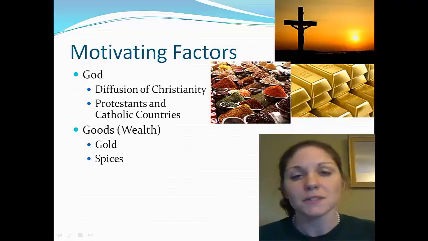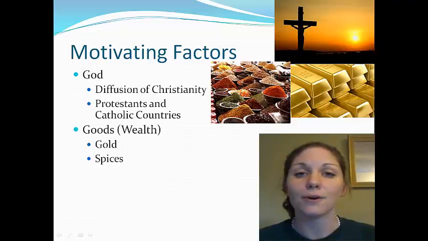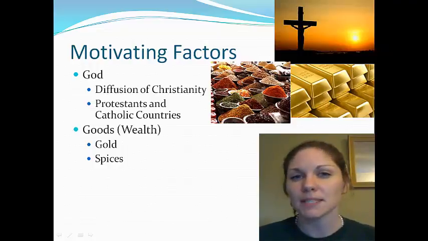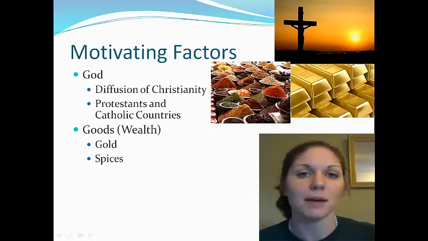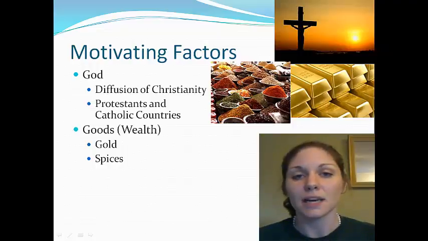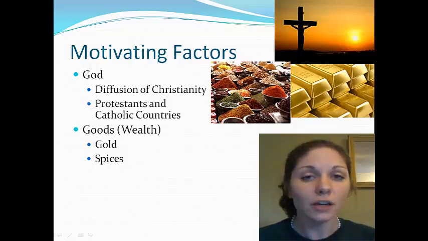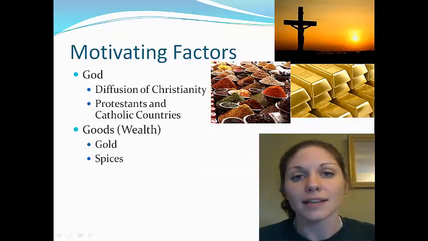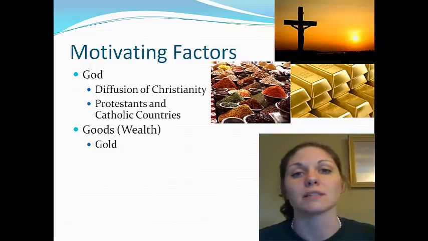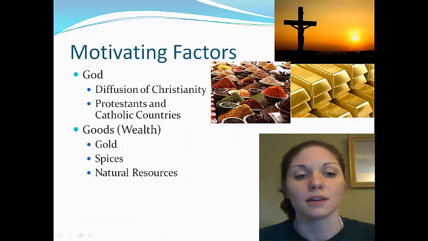So we've talked about spices before too, especially coming from the East, and how profitable and how expensive and how desirable those spices were. So these European countries were looking for their own way of obtaining these spices and kind of controlling that spice trade. And if they could, finding lands to colonize, and then they could market their own spices. They could cultivate their own spices.